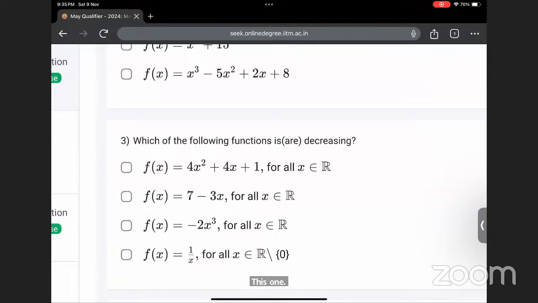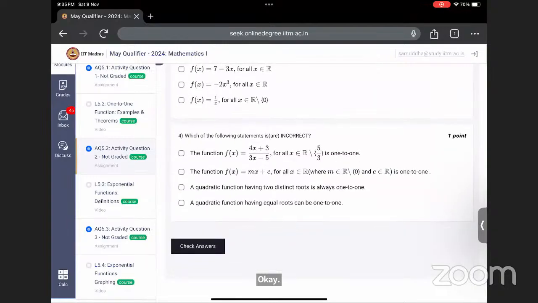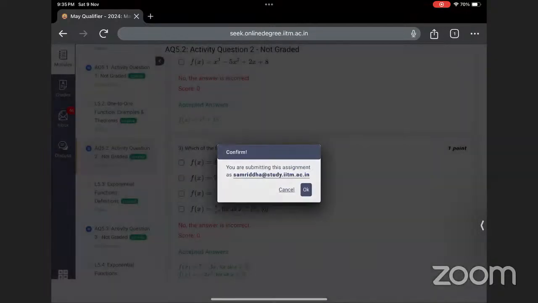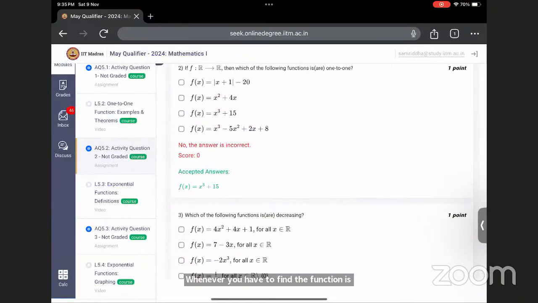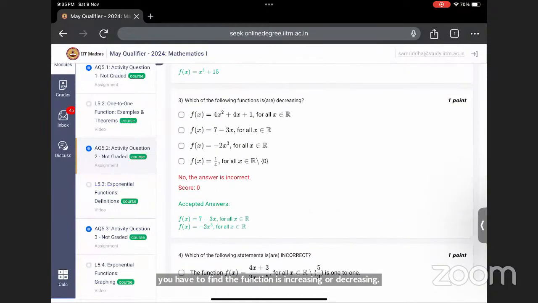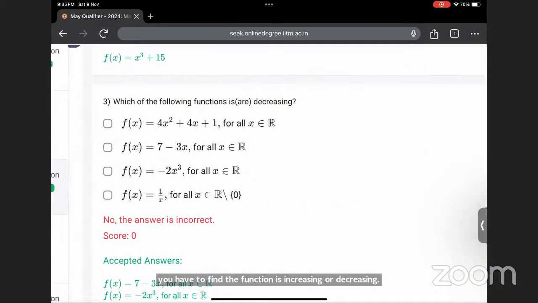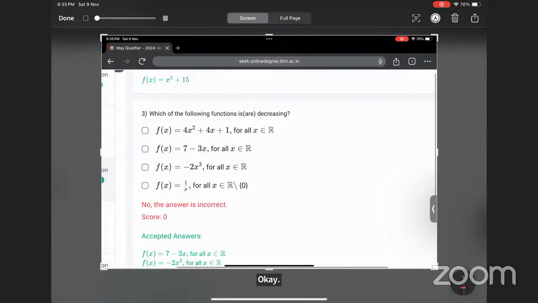I just told you, whenever you have to find whether a function is increasing or decreasing, just calculate the derivative. So 1 by x is neither increasing nor decreasing graphically.